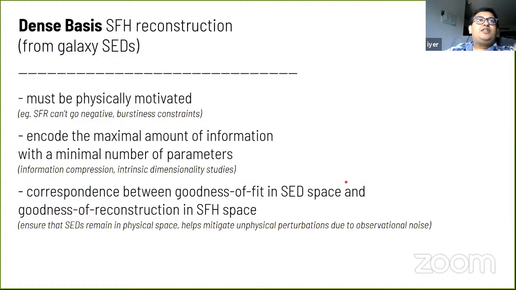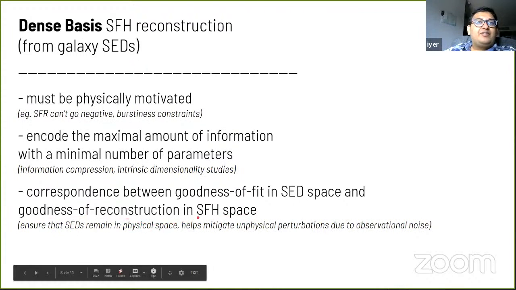They should try to encode as much information as possible in as small a number of parameters as possible, so that you don't have to estimate too many parameters from observations that might potentially be noisy or degenerate or low signal to noise. And finally, there should be a correspondence between how well you do when you fit for observations in SED space versus how well the star formation histories are actually reconstructed.